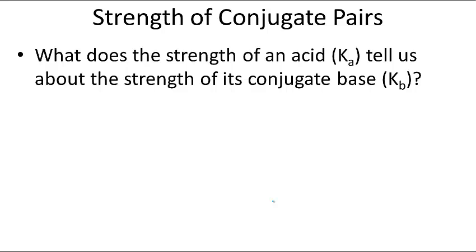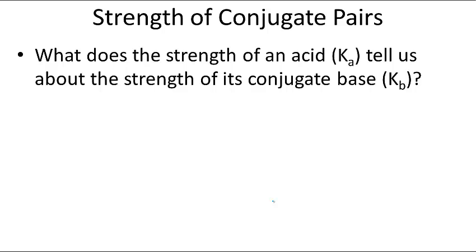Now, how greedy am I going to be about going to grab the proton? Not very greedy. So the more generous an acid is, the less its conjugate base is likely to go grab a proton. In other words, the stronger an acid is, the weaker its conjugate base.